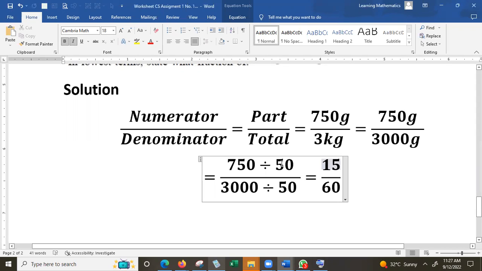50 is a common factor, but it appears not to be the highest because we get 15 over 60, and we can clearly see 15 over 60 can be simplified further. So you just continue simplifying and you will get your answer correct. You are not obliged to get the highest common factor at the first go.